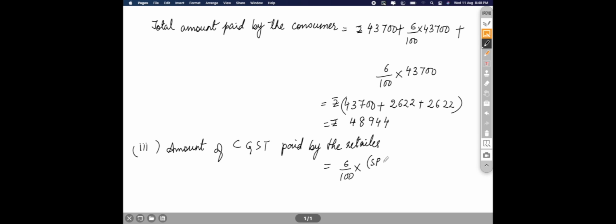Profit means SP minus CP. So 6% of 43,700 minus 40,000. That is 6% of 3,700, which is equal to rupees 222. Let me clean up this space again for the fourth part of our answer.